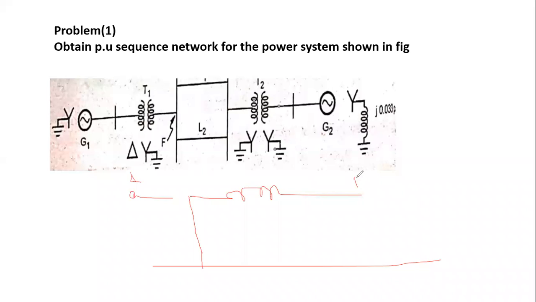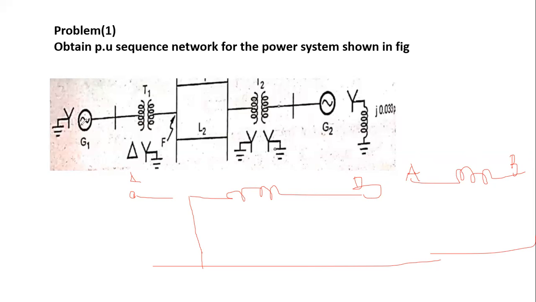Grounding means short circuited. This is the symbol for transformer 1. Similarly, we draw the symbol for transformer 2. The primary winding has star with grounding and the secondary winding has star with grounding. Grounding means short circuited. This is the short circuited connection for the primary and the secondary. This is point A, this is point B and this is the reference.